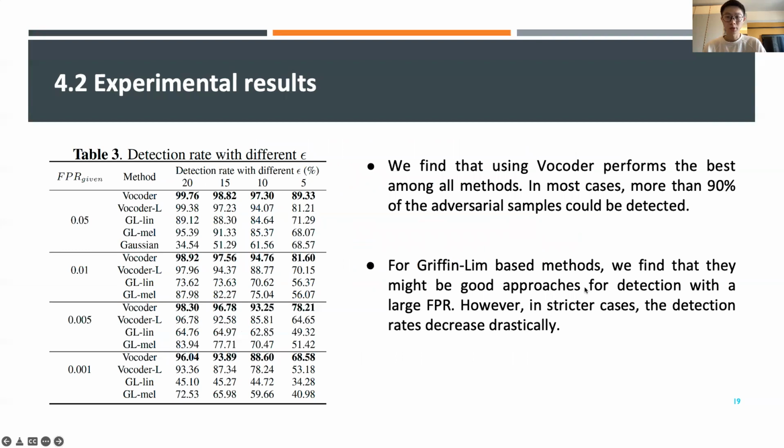This table shows the detection with different methods under different false positive rates. We have four false positive rates here, and we have 4 detection methods here, and we have the following observations.